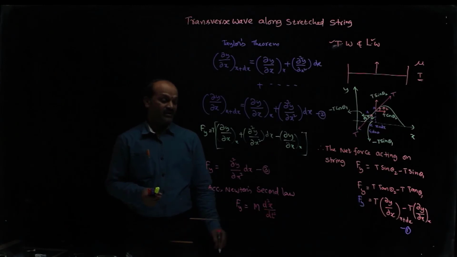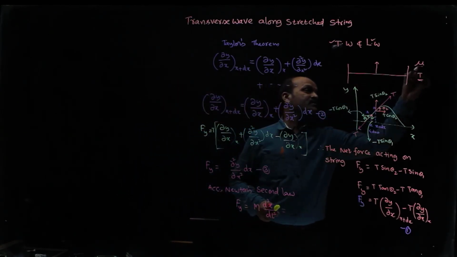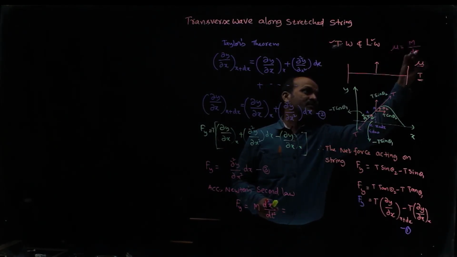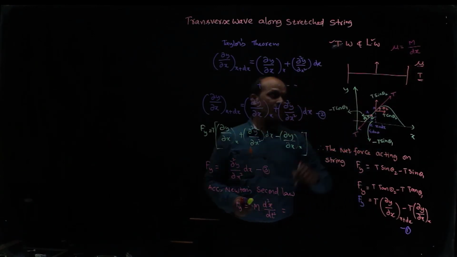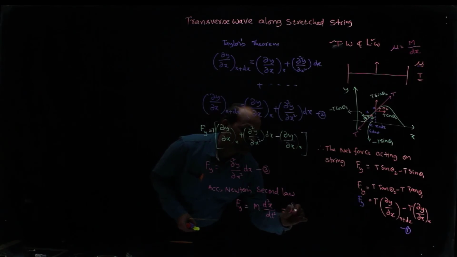If you see, initially we have taken linear density as mu. Linear density is equal to mass per unit length. The unit length we have taken is dx. So m is equal to mu into dx, and the force is mu dx into dou square x by dou t square.